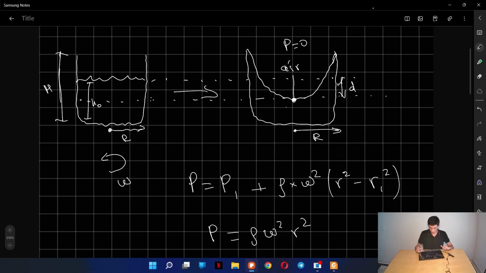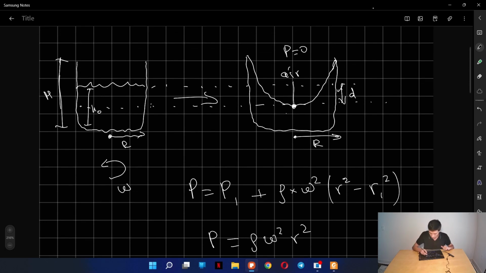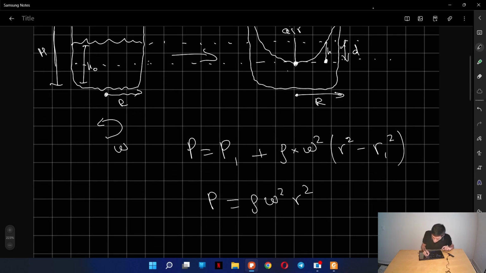Okay, and then if we consider a specific point, this should have some height. And as we know, at this point, the point is going to have only one pressure, which means the pressure we determine from the radius should be equal to the pressure we determine from the height.